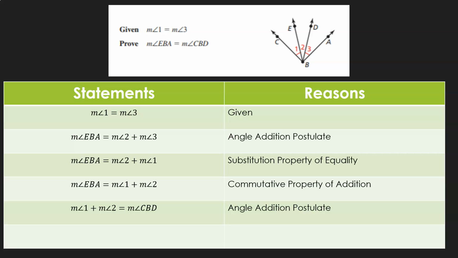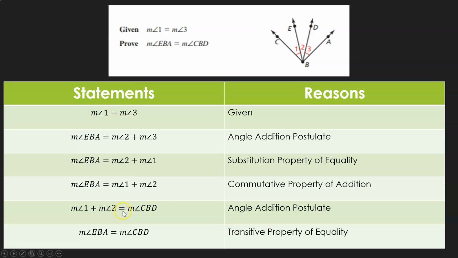Okay. Then I have measure of angle 1 plus measure of angle 2 equals the measure of angle CBD. This is by the angle addition postulate. So I'm ignoring what I have for EBA for right now, and I'm just looking at this angle at the top to see what it was composed of.